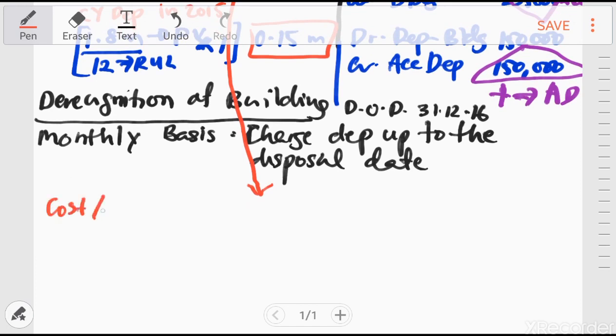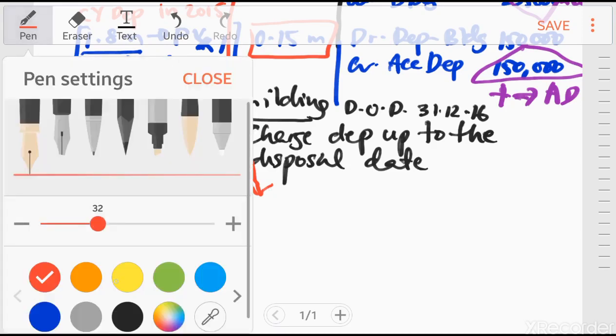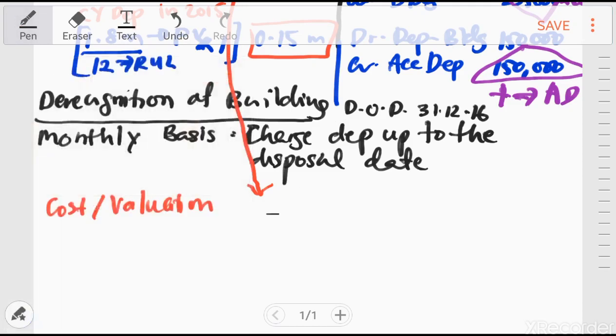So now you have the cost or valuation, and our figure here is at valuation of 8 million. So that valuation figure is actually the one as at 1st of January 15. So you need to go and find what is the accumulated depreciation as at 1st of January 15.